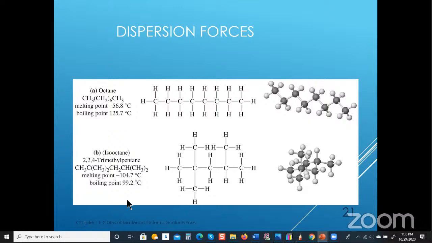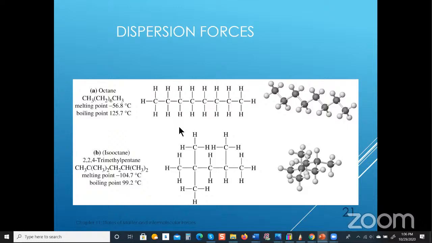In the case of isooctane, you have 5 carbons in one chain and you have other carbons, actually 3 other carbons, branching off from that chain, right? So when you compare the boiling points between these two, you'll find that octane has a higher boiling point compared to isooctane, right?